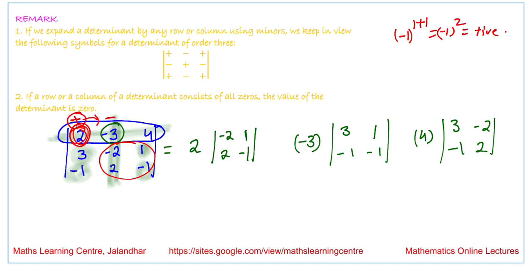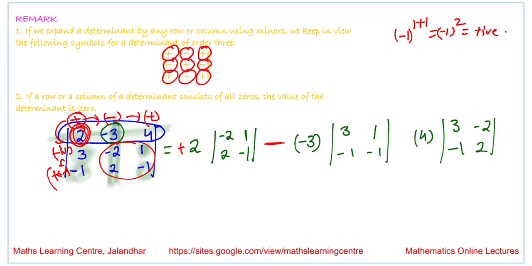Next sign will be negative, next will be positive, next negative, next positive. We are saying it is plus, minus, plus, minus, plus, minus, plus, minus, plus. So in this case we have a plus sign over here, a minus sign over here, and a plus sign over here.